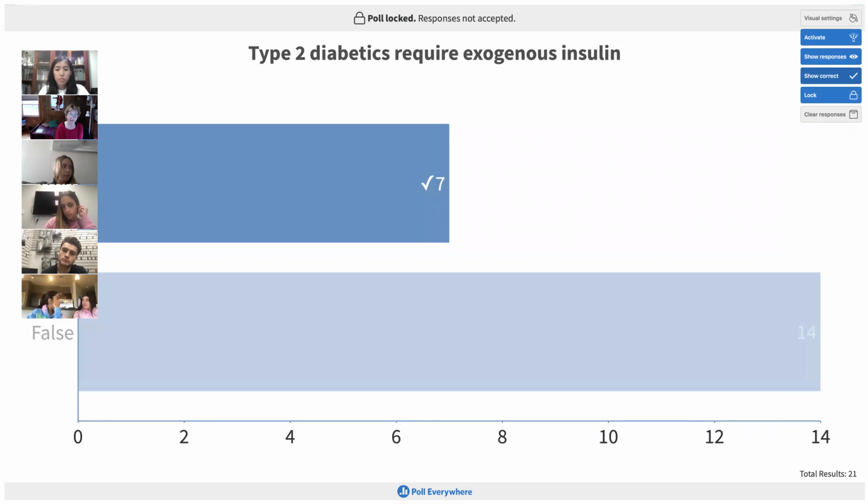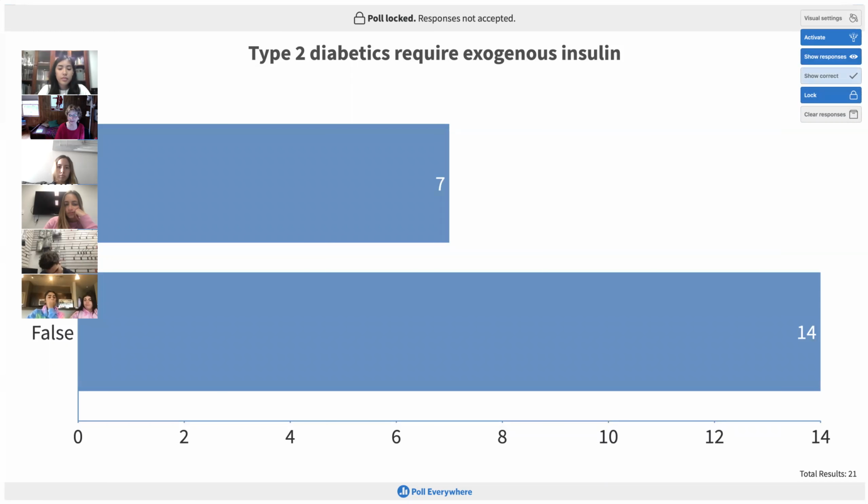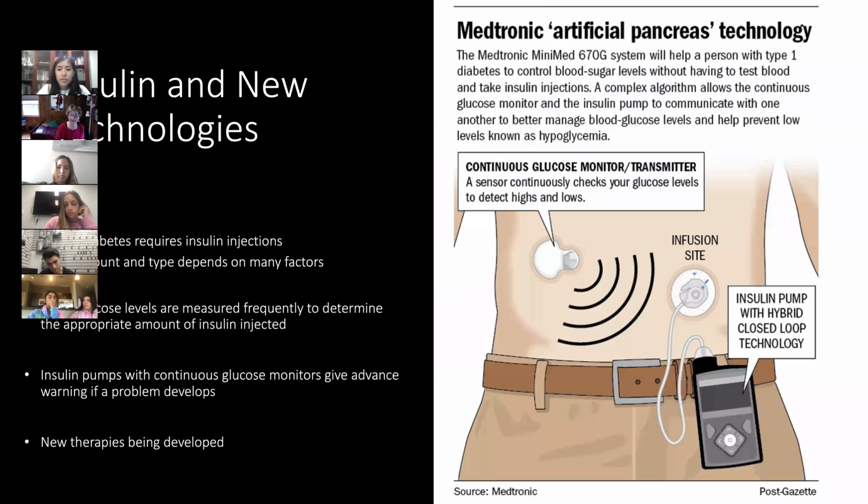So, actually, the answer to that is false, and I will correct it. It's the type 1 diabetic that requires exogenous insulin because their body isn't making any insulin, so they have to get it from outside the body.